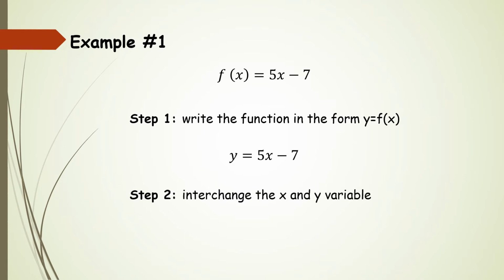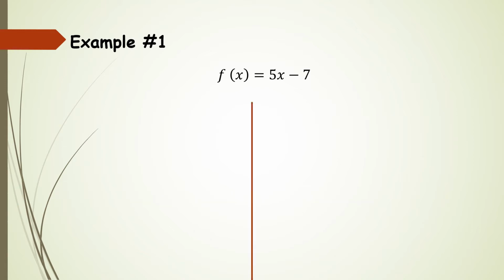Step 2, interchange the x and y variable. Lahat ng x papalitan ng y, lahat ng y papalitan ng x. So, we have x is equal to 5y minus 7. Step 3, solve for y in terms of x.